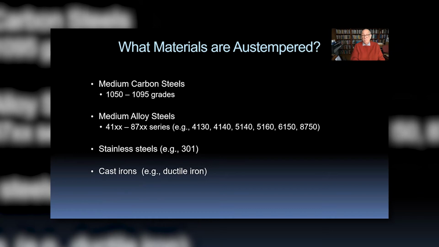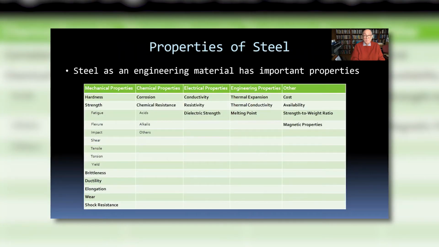We can also do medium alloy steels, the 4130s, the 4140s, the 5140s, 5160s, etc. Certain stainless steels can be austempered, although not many of them. And as I said, cast irons, the example being a ductile iron, can also be austempered.